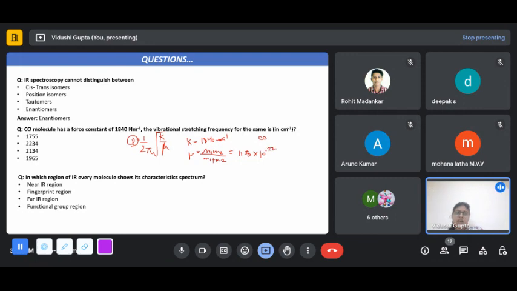You know the mass of carbon is 12 and oxygen is 16, so by solving you will get this mu value. Substitute it in the equation: 1 divided by 11.38 into 10 power minus 27. That's the value of reduced mass. Just put this value in the equation.